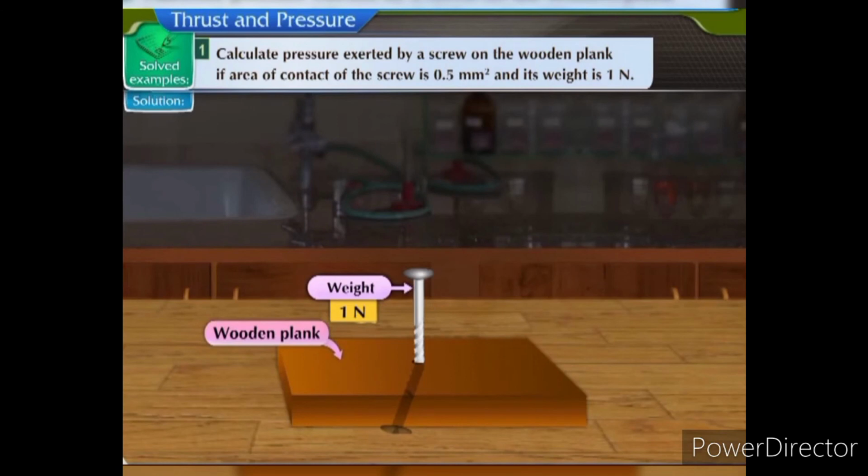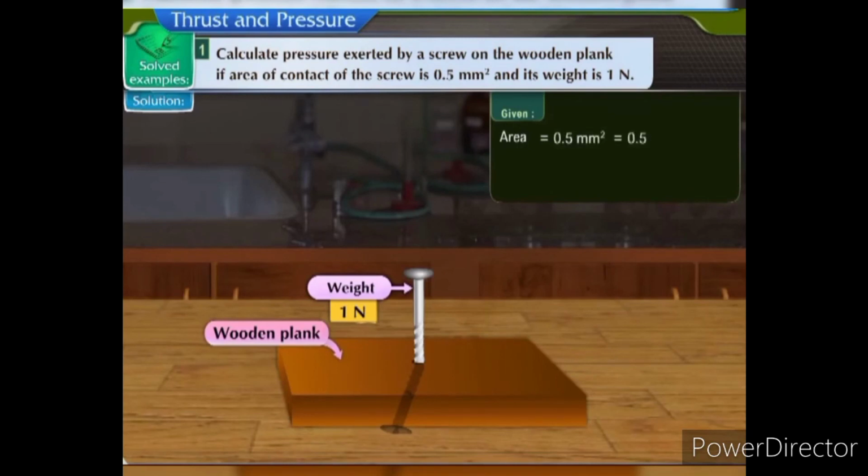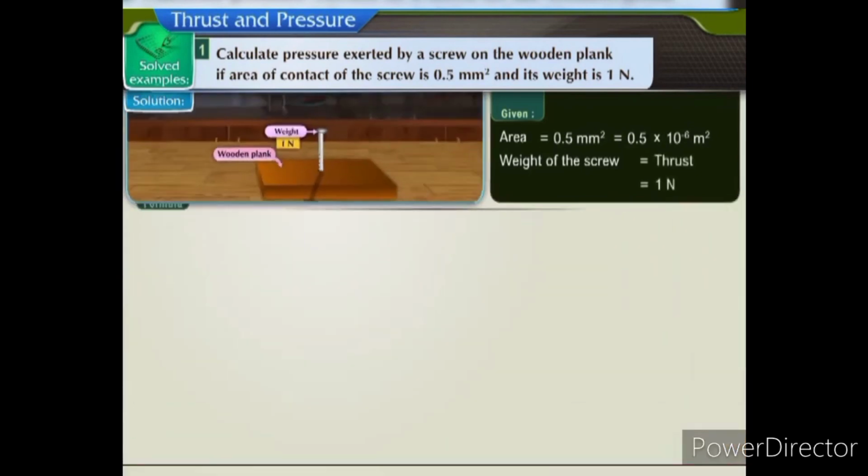Let us write the given quantities in proper units, that is SI units. Given area is 0.5 millimeter square, which is equal to 0.5 multiplied by 10 raised to minus 6 meter square. Weight of the screw is equal to thrust, which is equal to 1 Newton.